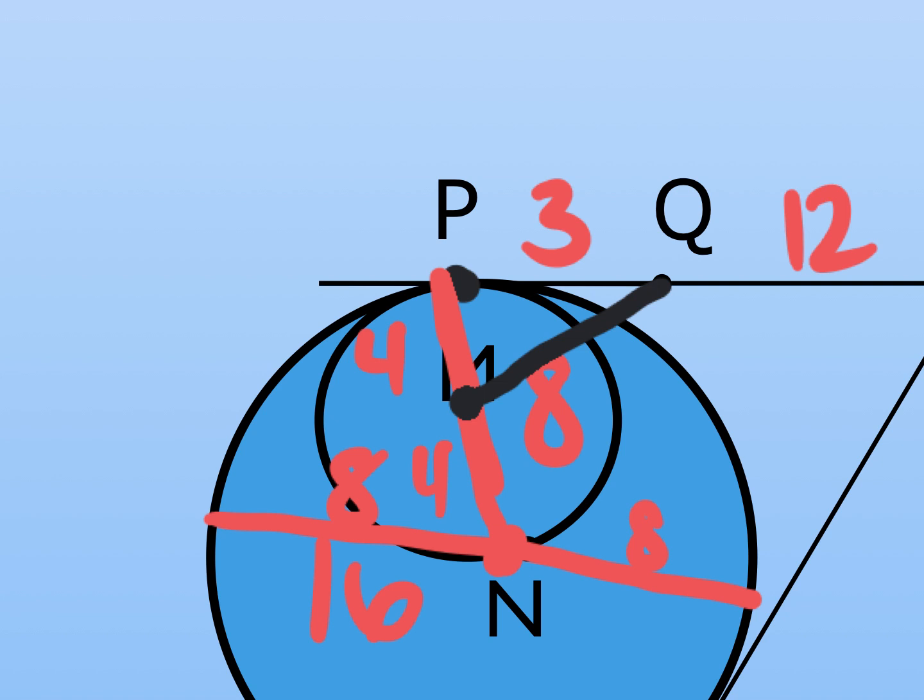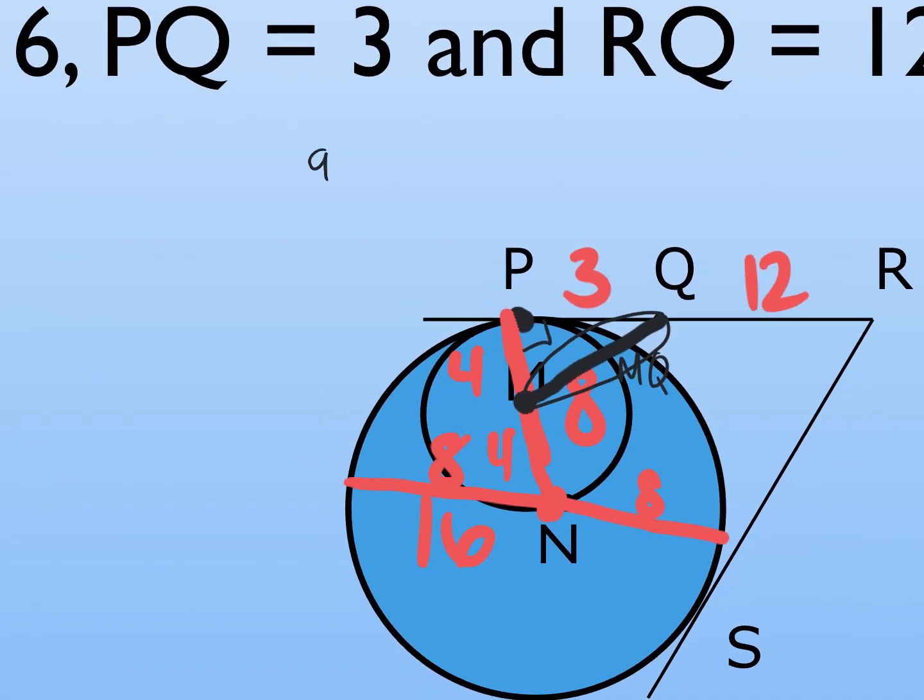Now, I need you guys to make this connection. That point P was a point of tangency. Do you guys agree? What is so special about points of tangency? 90 degrees. They form a 90-degree angle. Very good. So this is not just any triangle, but a right triangle. So in order to figure out MQ, we can use what theorem? The Pythagorean theorem. So we're going to do a squared plus b squared equals c squared.